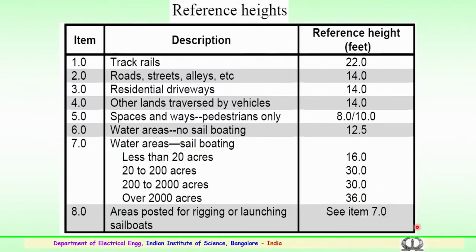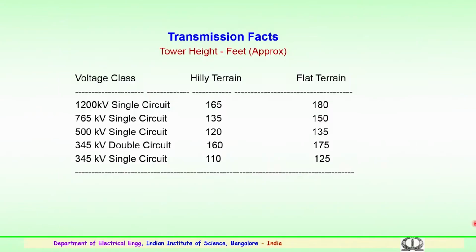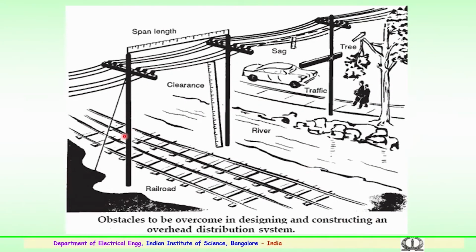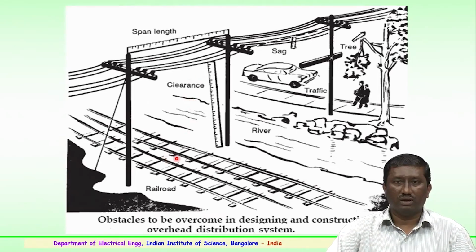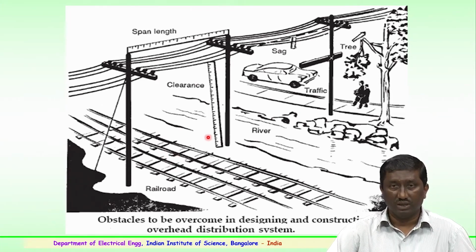So, what are the minimum clearances as mentioned in the previous slide? For example, what are the minimum clearances to be considered, apart from the electrical clearances, in the case of railway traction or a railway zone where the transmission or distribution conductors are passing near the railway junctions or railway tracks?